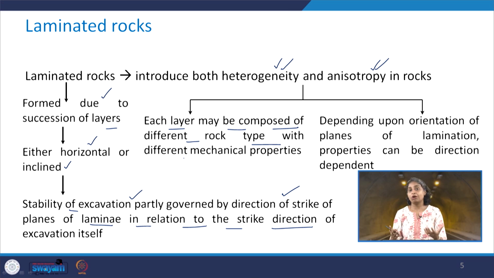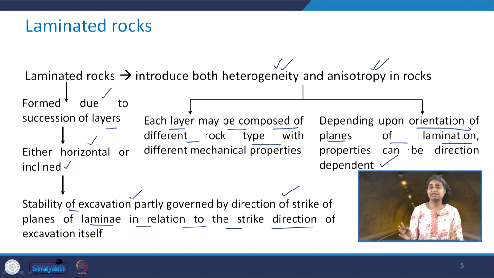They can be of different rock types depending upon the deposition over many years. Another way heterogeneity or anisotropy can be introduced depends upon the orientation of the planes of lamination, because in that case the properties can be different in different directions, or direction dependent.